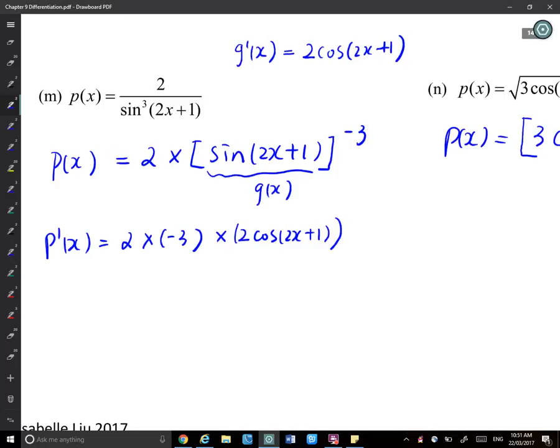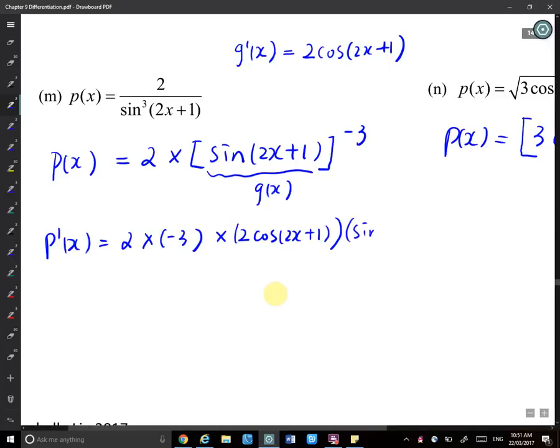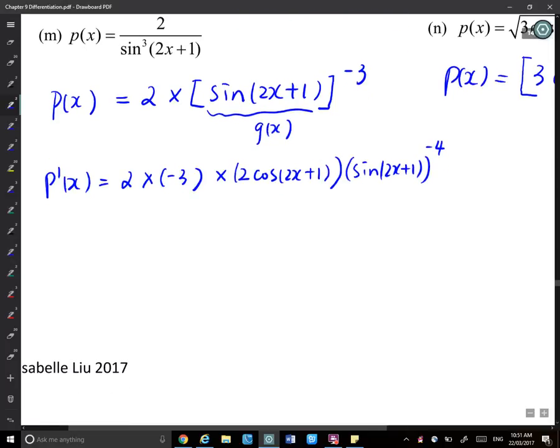Reduce the power by 1, using chain rule. So you have sine 2x plus 1 to the power of negative 4. So what do you have? Negative 12 cosine 2x plus 1 over sine 4 2x plus 1.